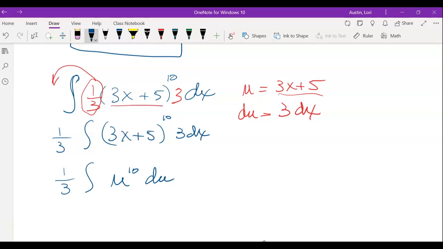Without what's in red, we don't have the 3dx for this to work. We're missing the 3. Well, no, du has to equal 3 dx. So I'm missing the 3.